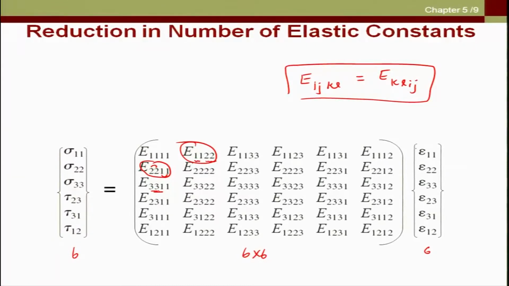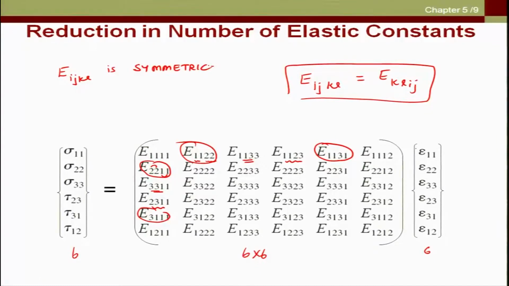Similarly, this term is same as this term, and so on and so forth. So, basically what that means is that the E matrix is symmetric. So, what does that mean?